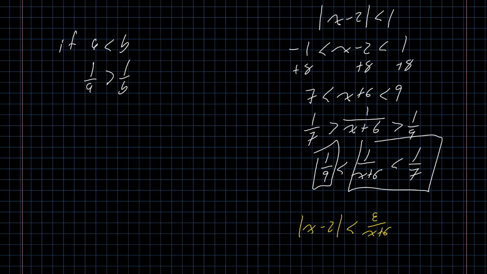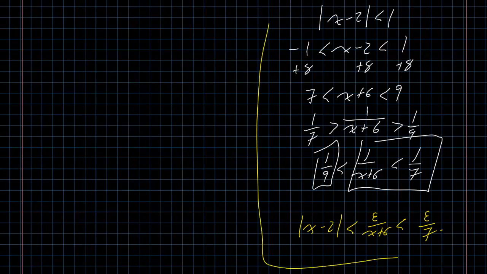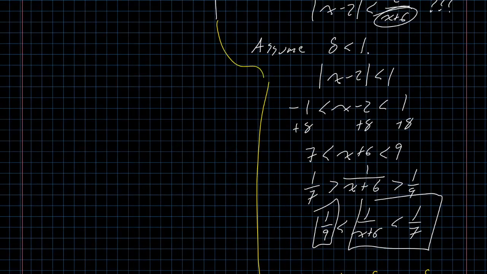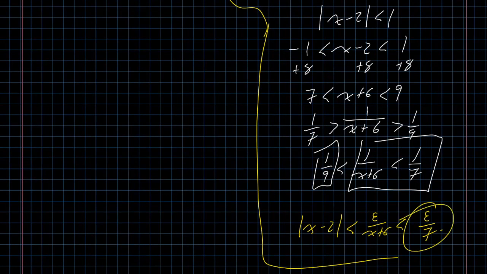And since 1 over x plus 6 is less than 1/7, this is less than epsilon over 7. And that was a lot of scratch work. But again, that was all just scratch work. But it gave us a value of delta.